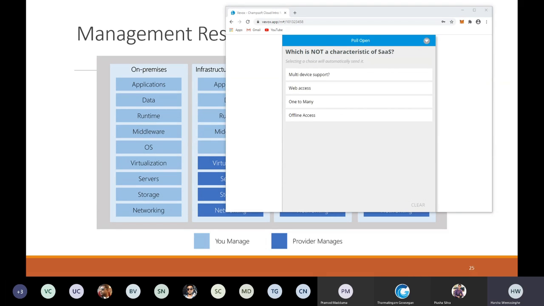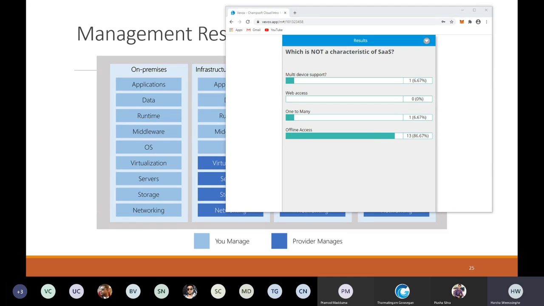The next question is asking which is not a characteristic of SaaS: multi-device support, web access, one-to-many, or offline access. I got 15 out of 16, so I'm going to close this session. Someone said multi-device support, one-to-many.